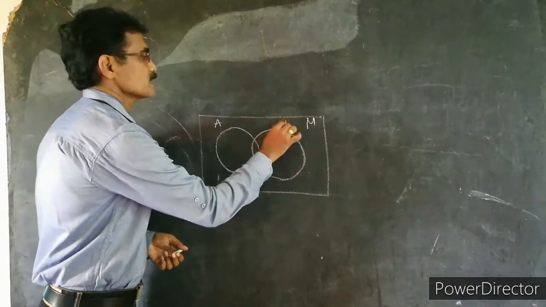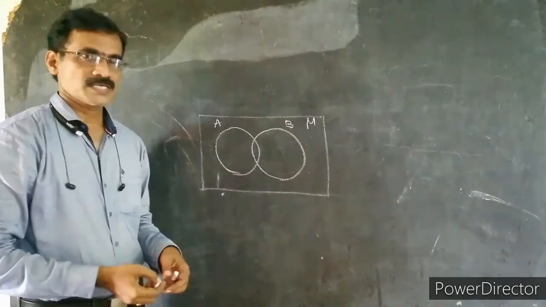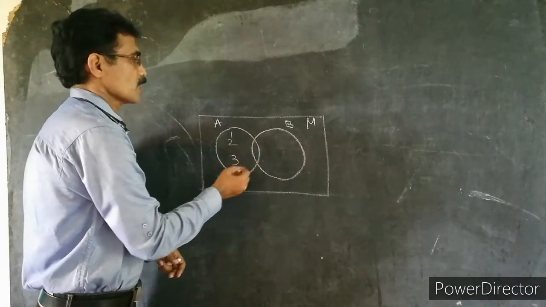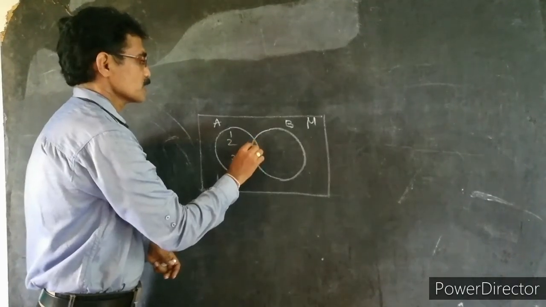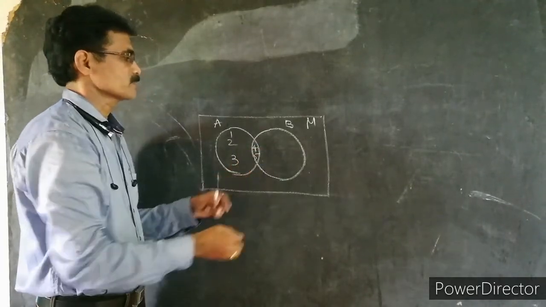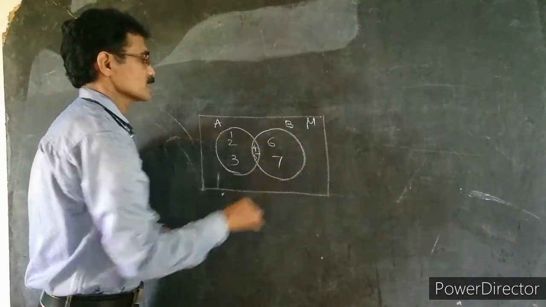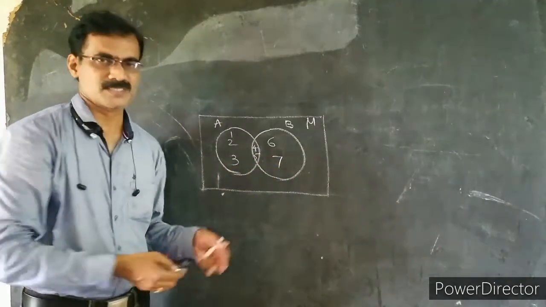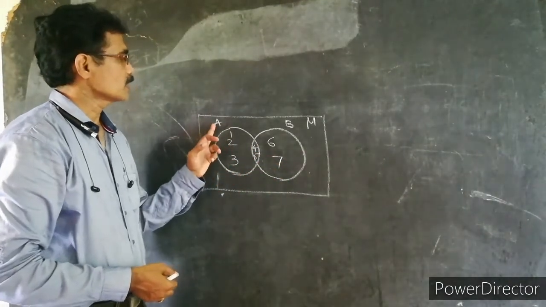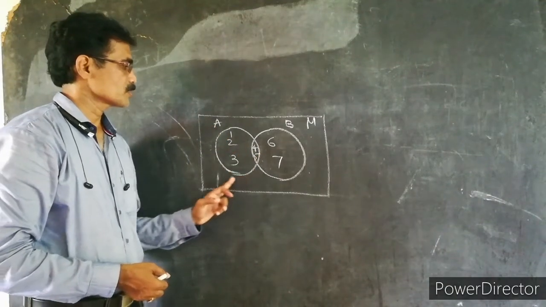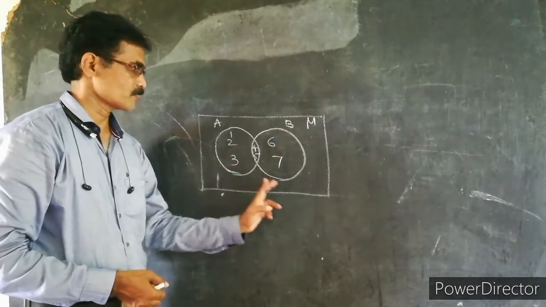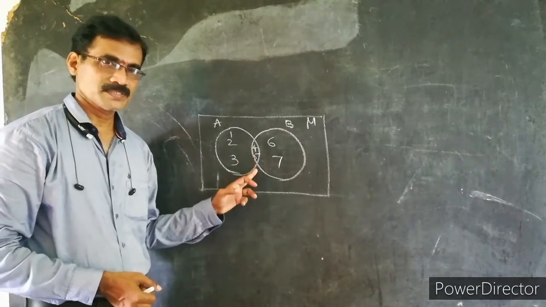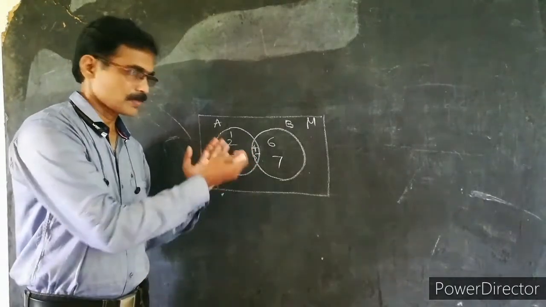Now this is set A, this is set B. In set A, what are the elements? 1, 2, 3, and the common elements 4, 5 you should write in the common place, and the remaining elements in the other place. So in set A there are 1, 2, 3, 4, 5, and in set B 4, 5, 6, 7. Common elements must be written in the common place between them.